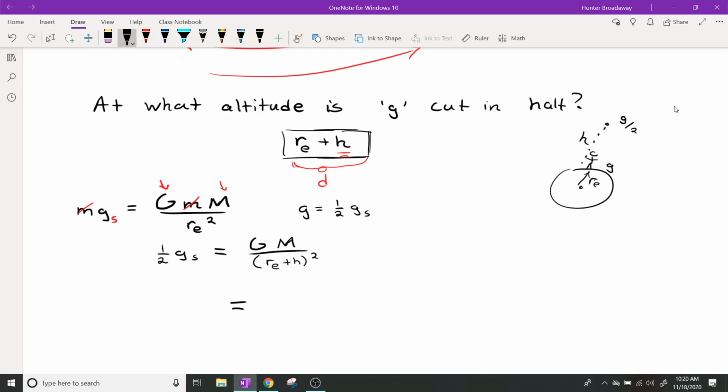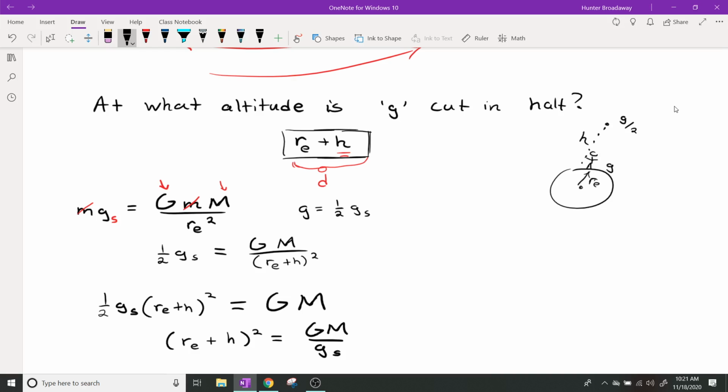This is going to be half of GS times the radius of the Earth plus the height, squared, is equal to big G times M. Then, make sure this stays in parentheses, the radius of the Earth plus the height squared is equal to GM over the surface gravity.